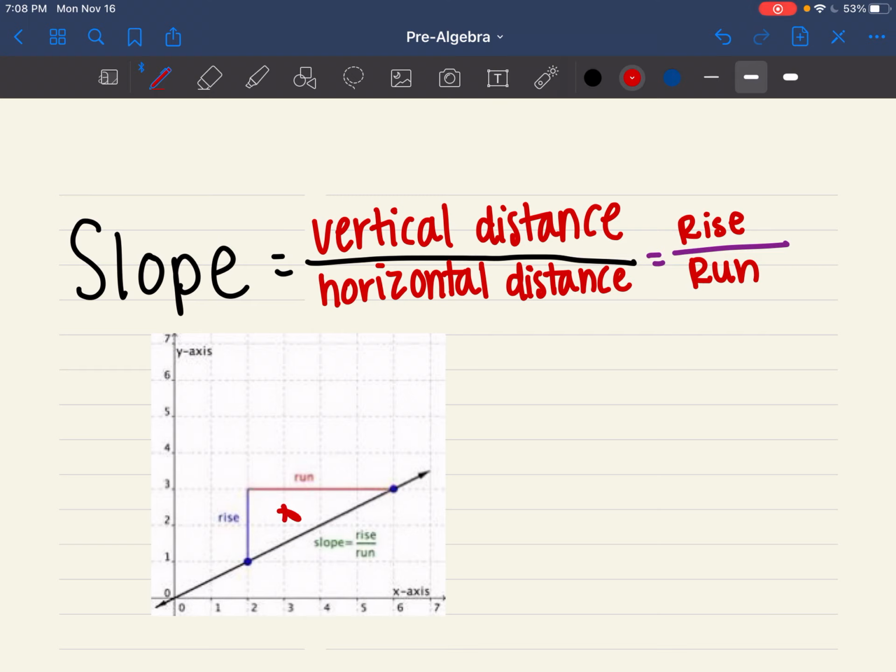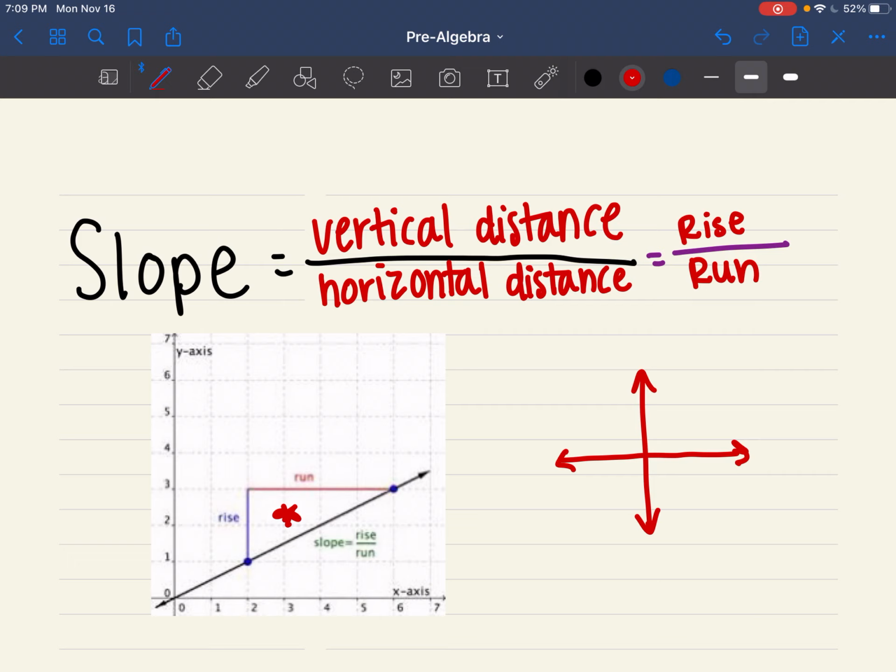Right here, we see something called a slope triangle. A slope triangle helps us find our slope. We get our rise from that vertical distance in our slope triangle and the run from our horizontal distance in our slope triangle. Something to know about finding slope is that when we draw in our slope triangle, we're going to pick a point to count.